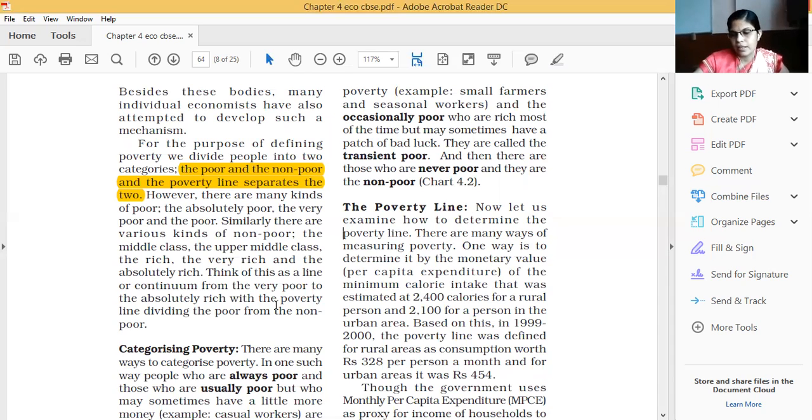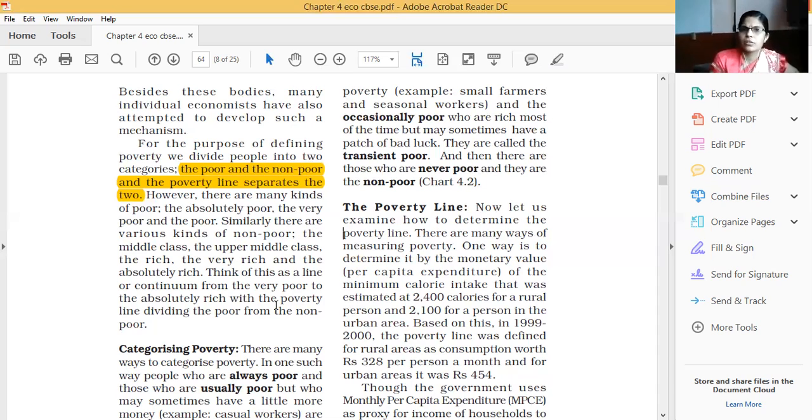If weather is there, then they can get the work. If weather is not there, they cannot get the work. And the occasionally poor are rich most of the time, but may sometimes have a patch of bad luck.